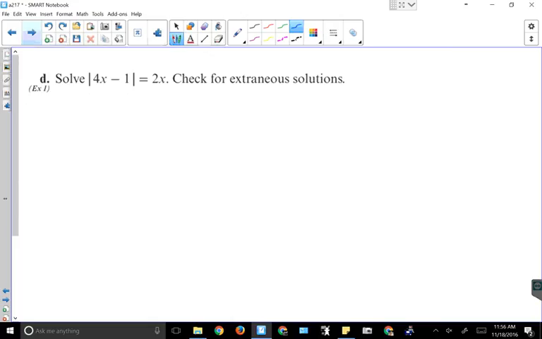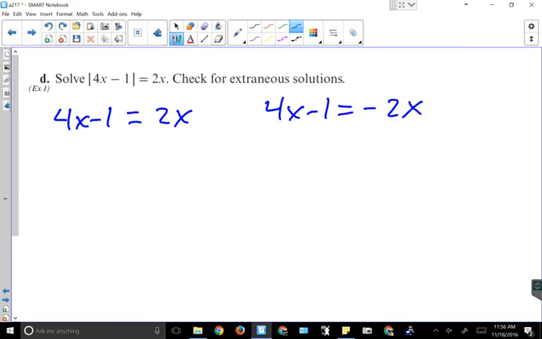I'll do this one for the sake of argument. So either 4x minus 1 is equal to 2x, or 4x minus 1 is equal to negative 2x. I want to be sneaky about this.